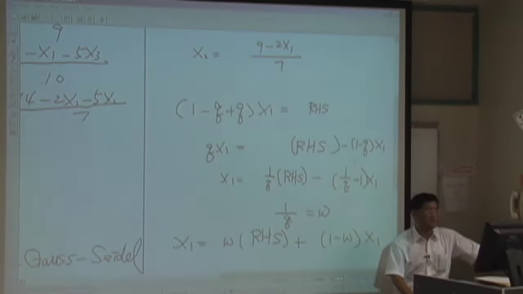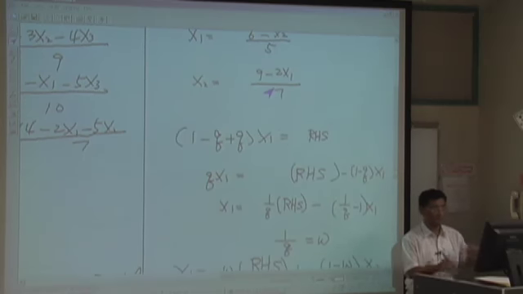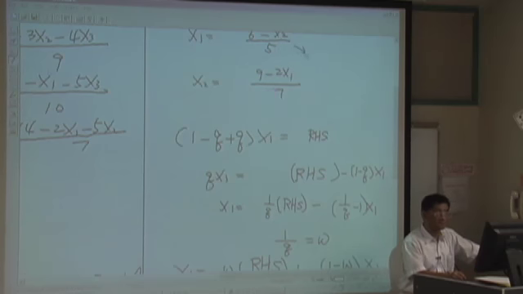So you can do the same thing to this case. So please write down the actual formula for x1 and x2 in this pattern. Then what do you get? In this pattern, if we write it, then x1 equals W times the right-hand side, (6 minus x2) over 5, plus (1 minus W) x1, right?